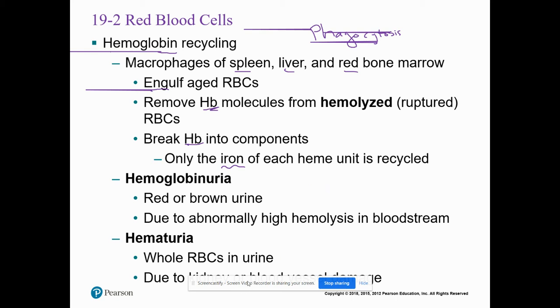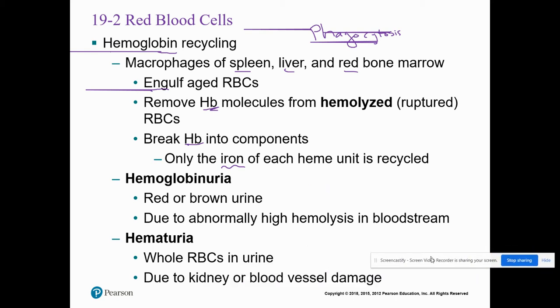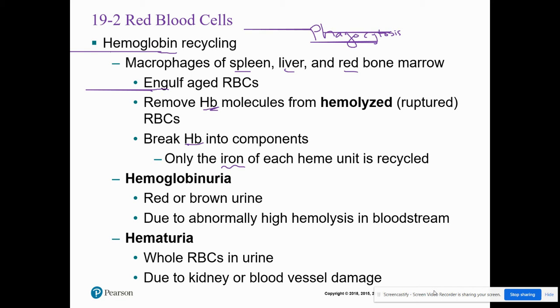All right, a couple other things we'll talk about just briefly. If you have a patient who has red or brown urine, that means that they're having really abnormally high breakdown of red blood cells in the bloodstream.